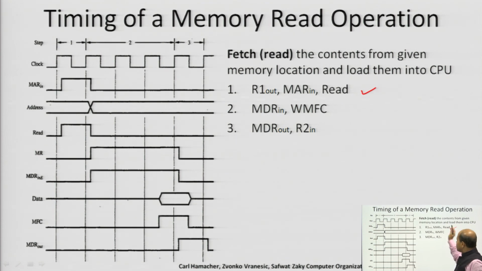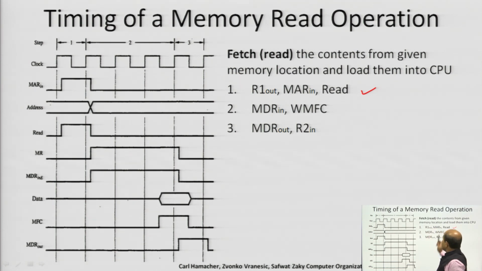So, how can this be represented in terms of a timing cycle? Here you can see these are various steps, and this is the clock pulse. The first step shows R1 to MAR in, meaning the address is transferred to MAR.